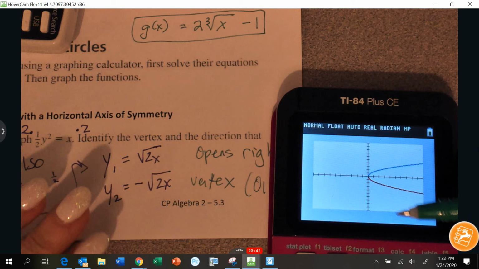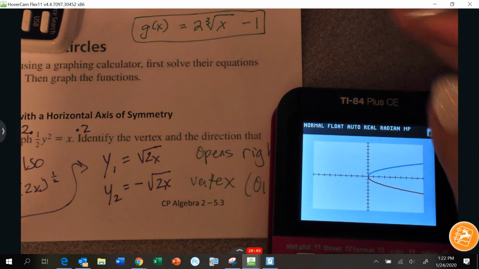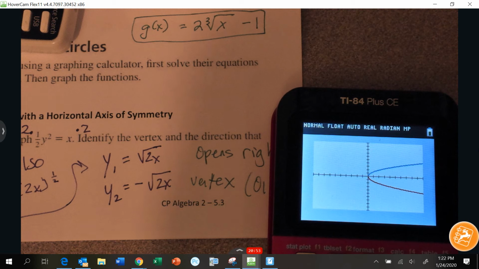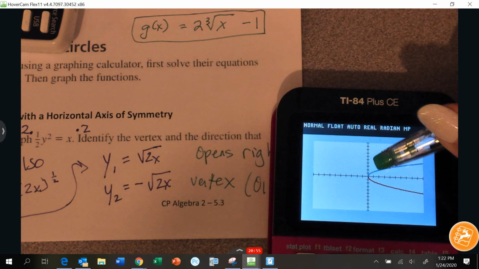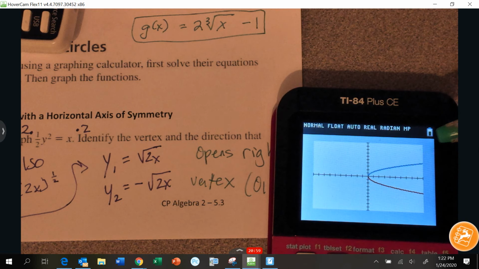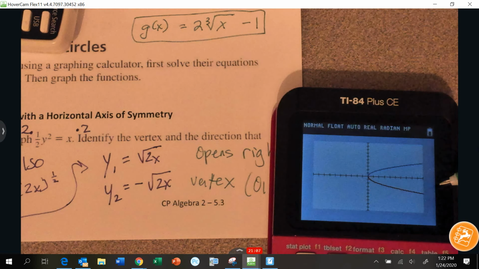Remember, your calculator is not a thinking, breathing being. It just does whatever you tell it. So your calculator thinks you wanted two separate equations. It doesn't know it's really a parabola. So the vertex is at 0, 0. It's that one point in the middle of the parabola that has no mirror points.